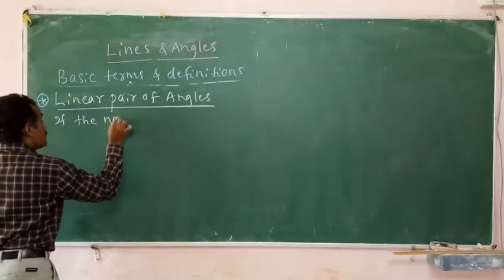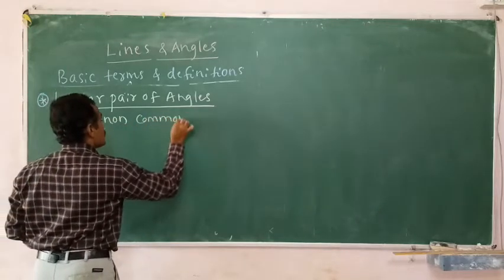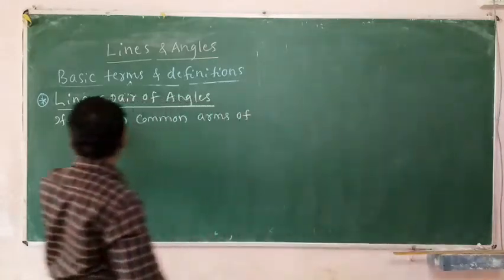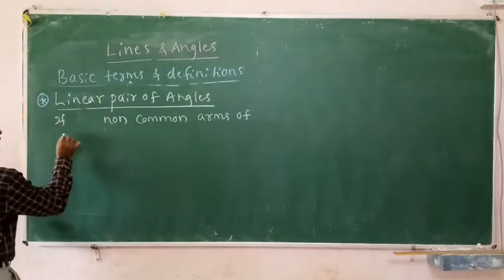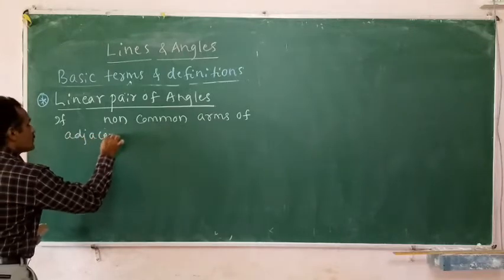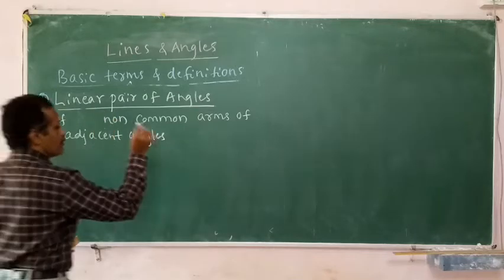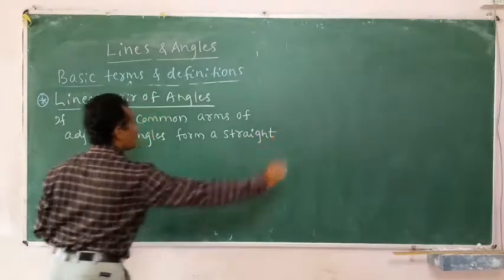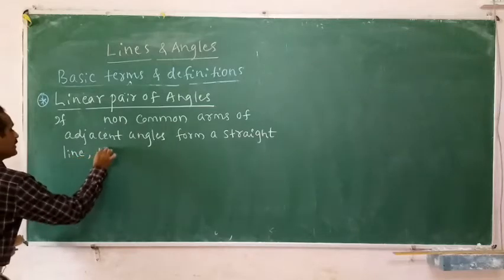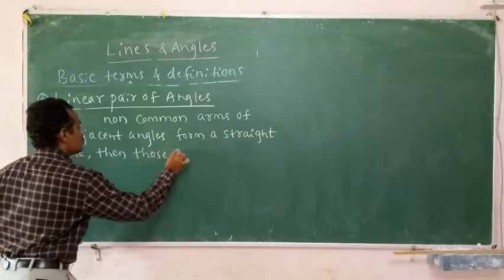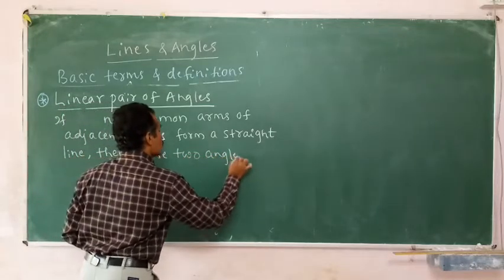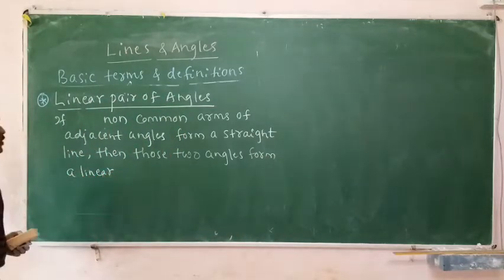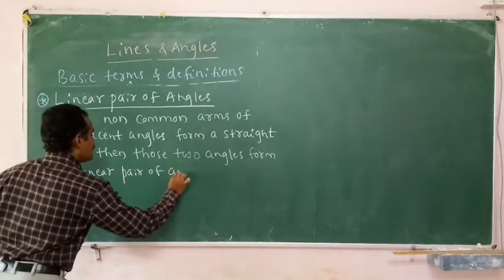If the non-common arms of adjacent angles form a straight line, then those two angles form a linear pair of angles.